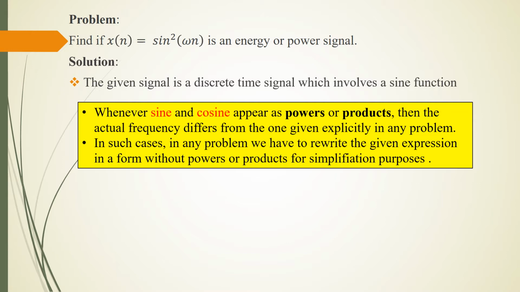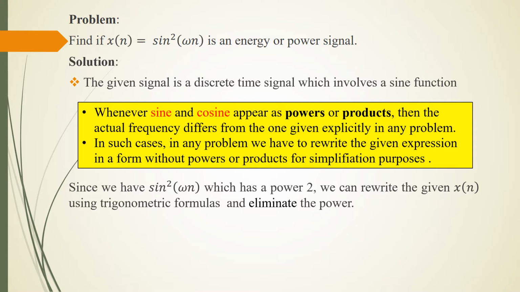In such cases, we have to rewrite the given expressions in a form without powers or products for simplification purposes. This can be applied to all signals and systems problems whenever there is a power in your sine or cosine function.